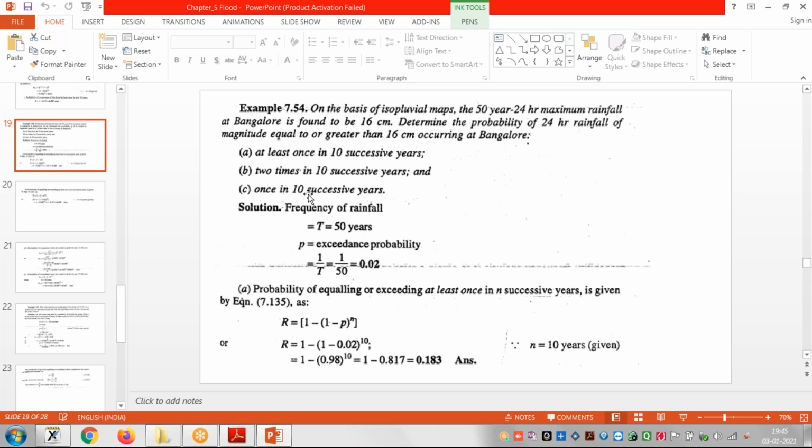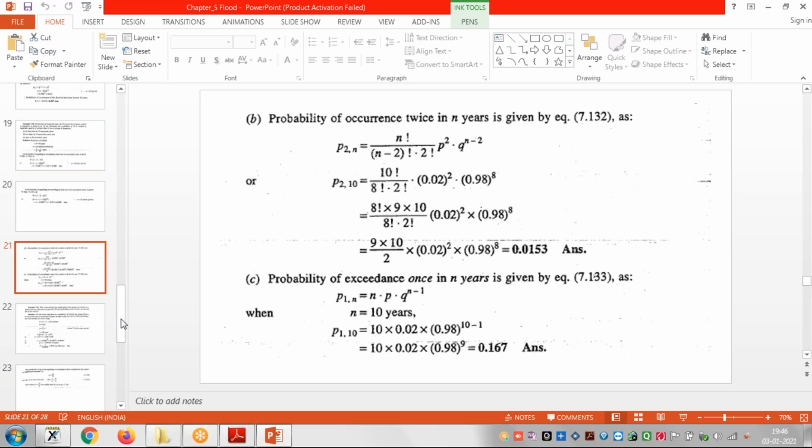Then what is the other question they asked? Third, C, once in 10 successive years. The probability of accidents once in a year is given by the equation P1 equals n into p into q raised to the power n minus 1. n is the number of years.